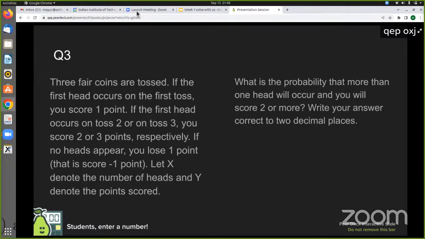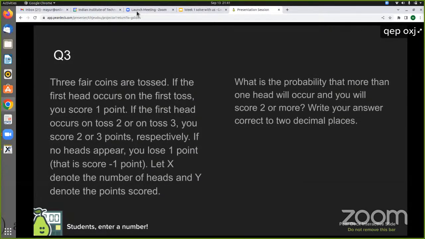So now, the number of heads: 0 minus number of heads. If no head appears, the outcomes are tail, tail, head, tail, head, tail, head, tail, tail, tail, tail.